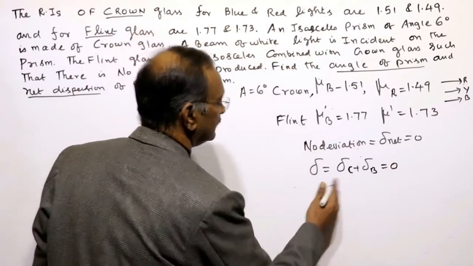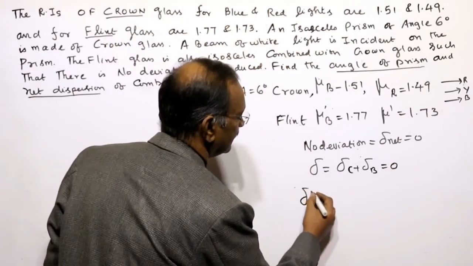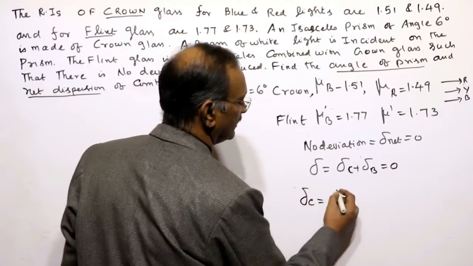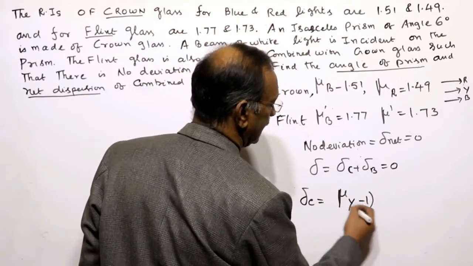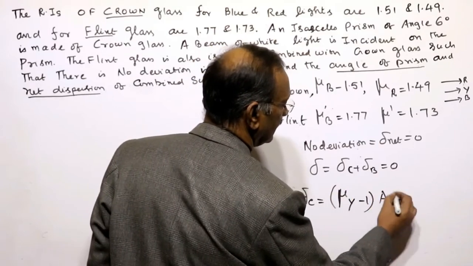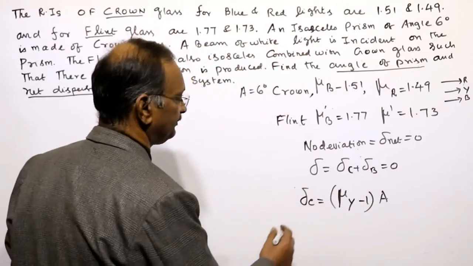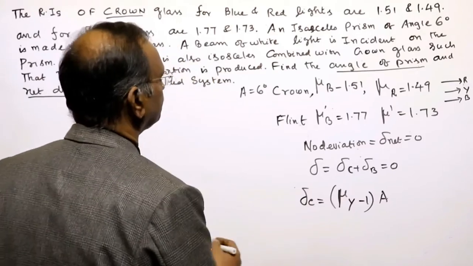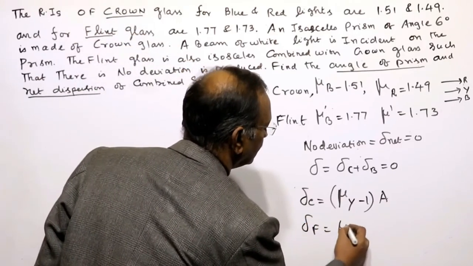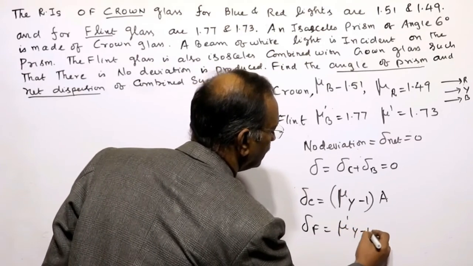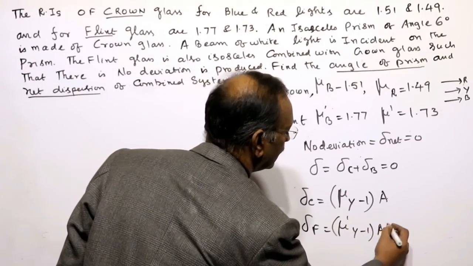So deviation of crown glass is equal to refractive index for yellow, minus 1, into its angle of prism. And for the flint glass, refractive index for yellow light minus 1 into its angle of prism.